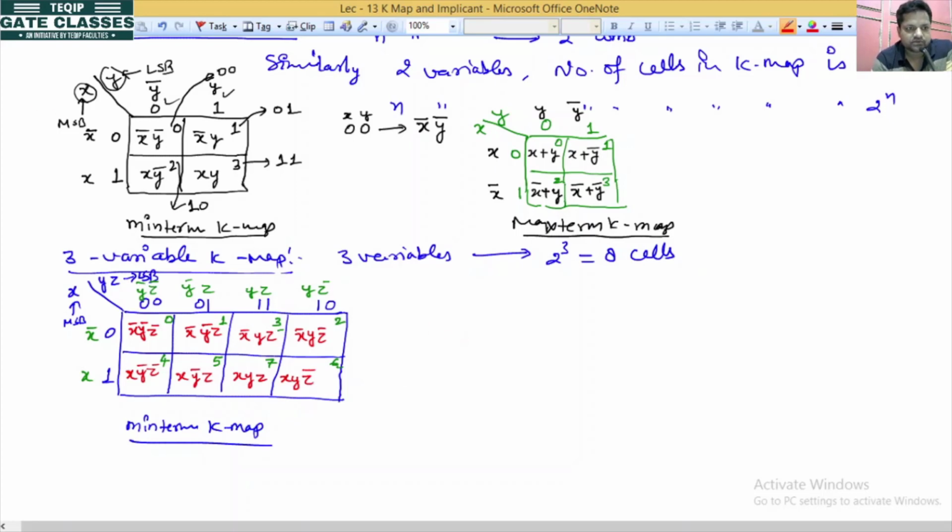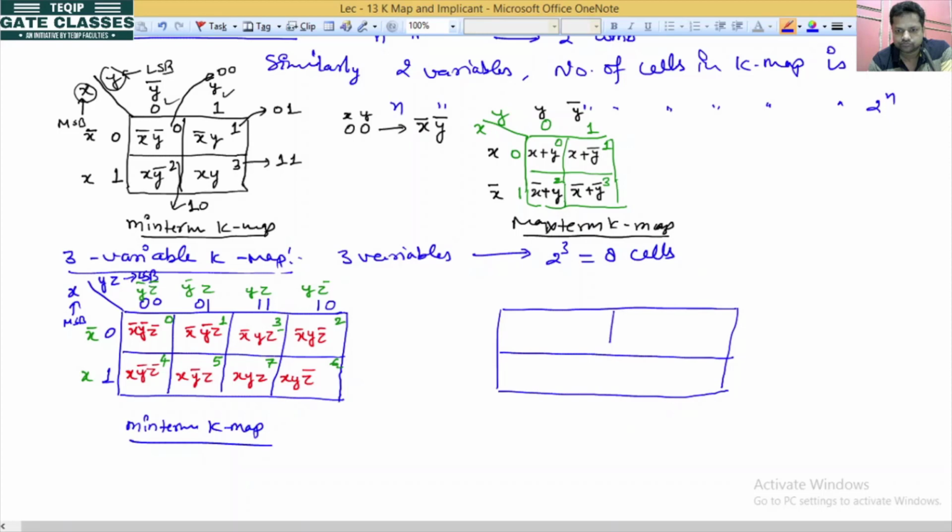Similarly, you can form the max term K-map. This is the max term K-map I am going to build. It will be x, this one is y z, with 0 1 and 0 0, 0 1, 1 1, 1 0.